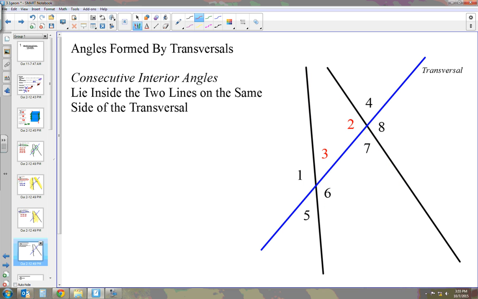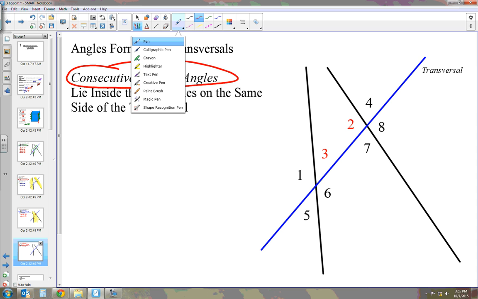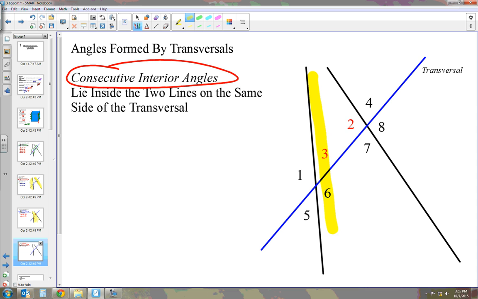Our last angle pair is consecutive interior. Now interior, once again, means inside those two black lines. So only looking at 2, 3, 6, and 7. And consecutive, like if I count consecutively, it'd be 1, 2, 3, 4, means one after another, or in a row, or the same side of the transversal. So if I look at 2, what's right next to it is 3.